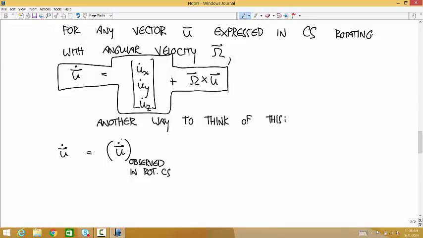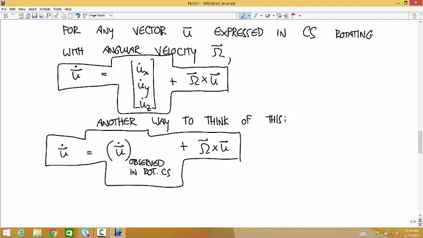So if you're taking these measurements in a rotating coordinate system, this is what you would see, this is what your measurements would tell you, plus the correction term, capital Omega cross u. Okay, these two are the same thing. This u dot observed in the rotating coordinate system means you're just taking the time derivatives of the components.